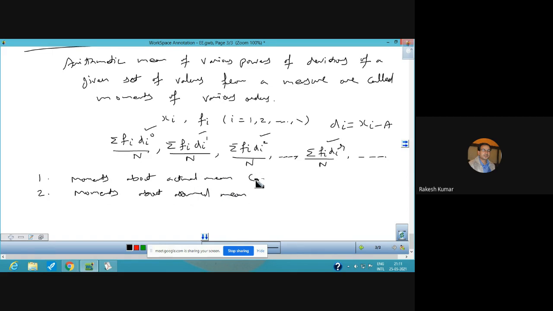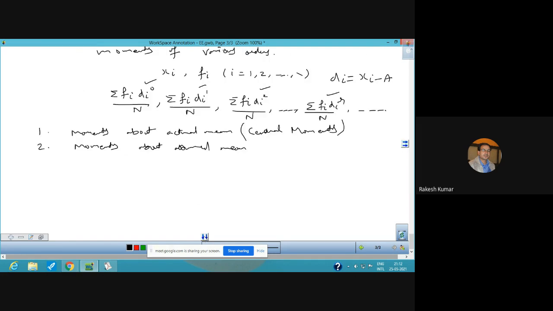Moments about the actual mean are also known as central moments. Moments about the assumed mean can also be calculated by using the change of origin and change of scale property, in the case of discrete data or in the case of continuous data also.